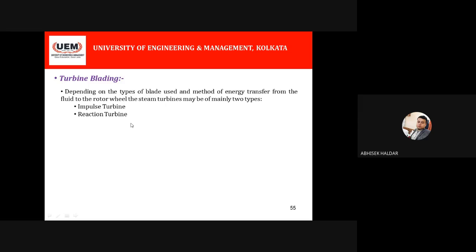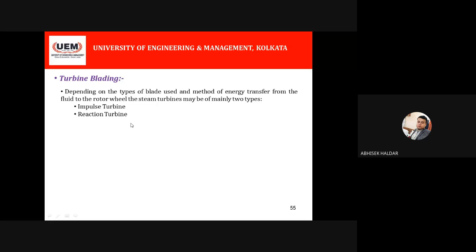There is a turbine blade, there will be some inlet velocity to the turbine blade, and there will be some outlet velocity of the steam from the turbine blade. That change in momentum will give some impulsive effect on that turbine blade. Due to that, my rotor wheel is rotating. That's why that type of turbine is called an impulse turbine. I'm just explaining from the name, literally what it means.